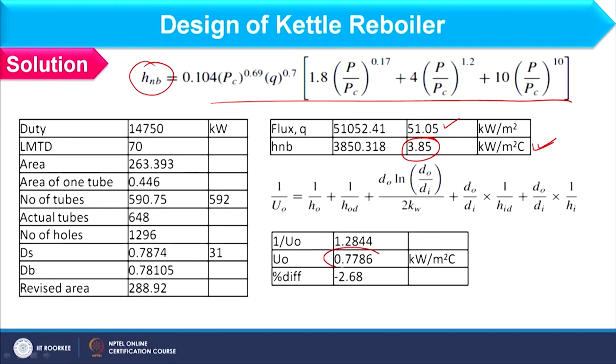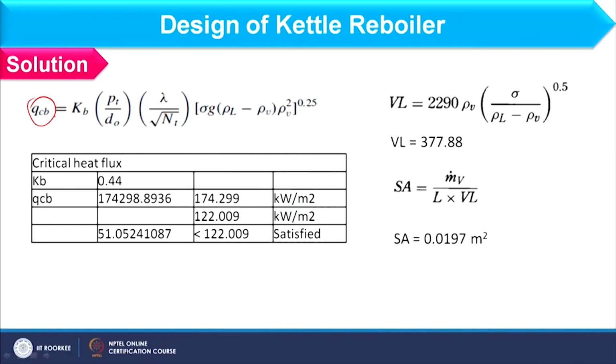Okay. Condensing side heat transfer coefficient, dirt factor, thermal conductivity of the material you know. So, we can simply calculate the overall heat transfer coefficient, and the value comes as 778.6 watt per meter square degree Celsius. So, we can have an error around 2.5%, okay, which is acceptable.